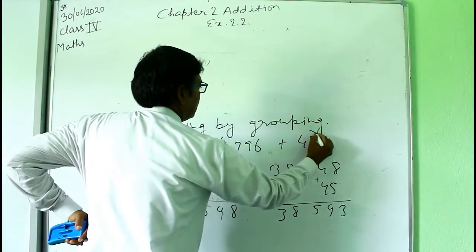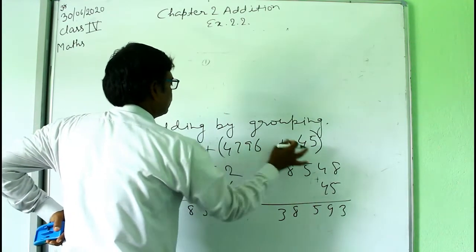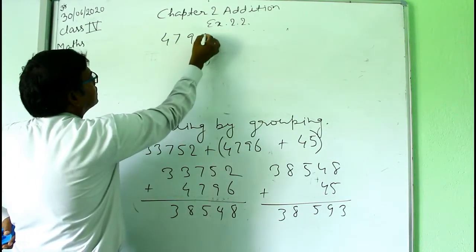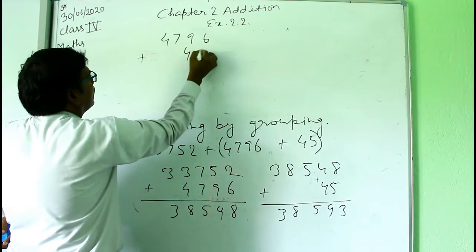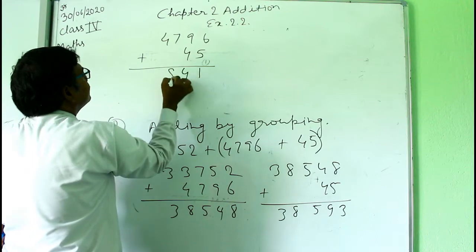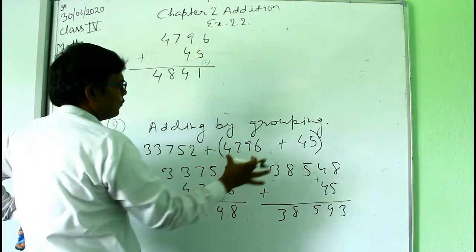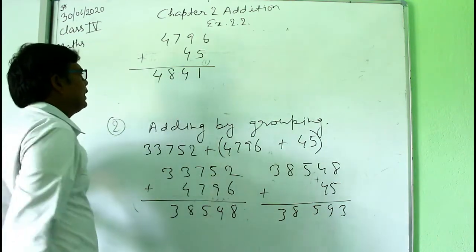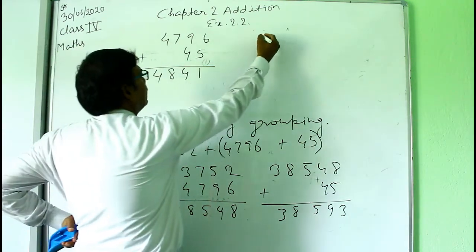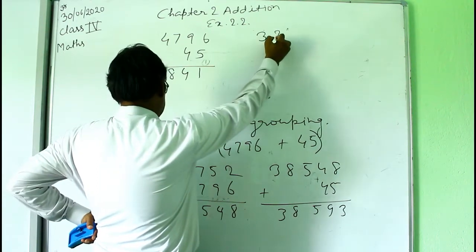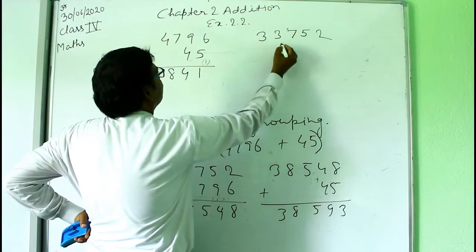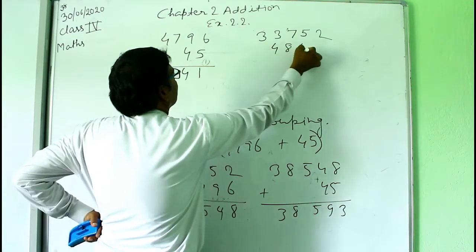Then first find the sum of these two numbers, that is 4,796 plus 45. The sum of these two numbers is 4,841. Now add this number and this number. So you have 33,752 plus 4,841.